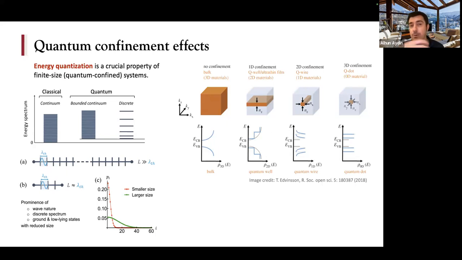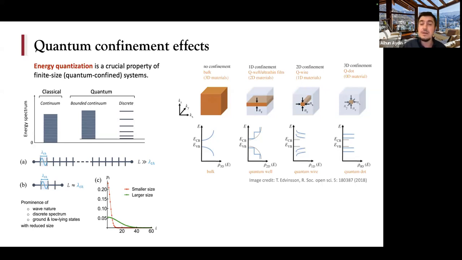This discreteness appears because these systems are so small that their sizes are comparable to the thermal de Broglie wavelengths of particles that are confined within. And that leads to important changes.